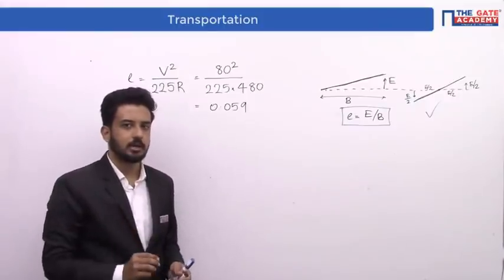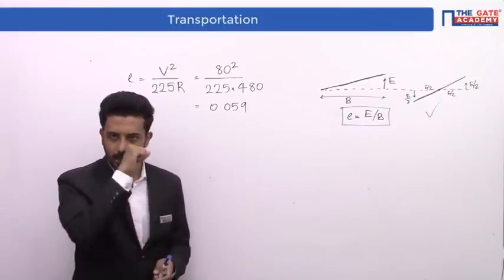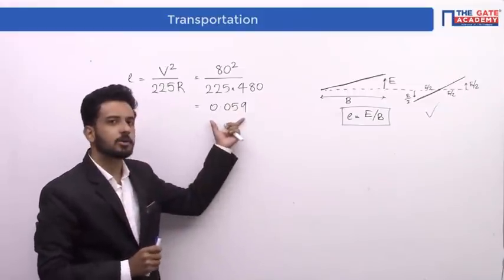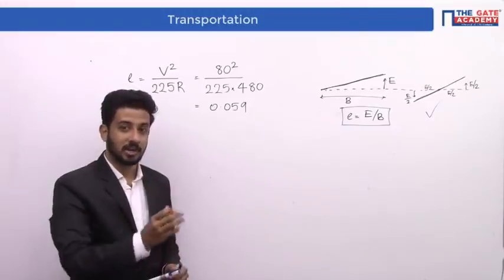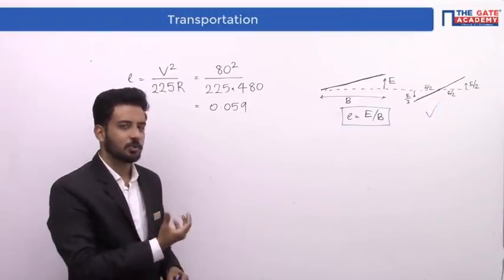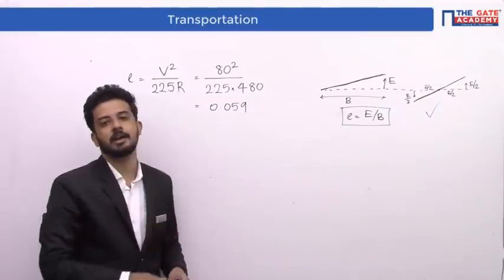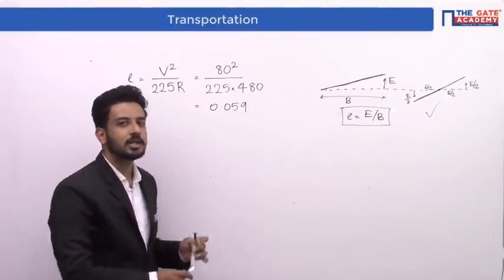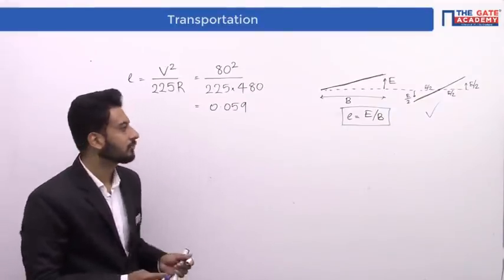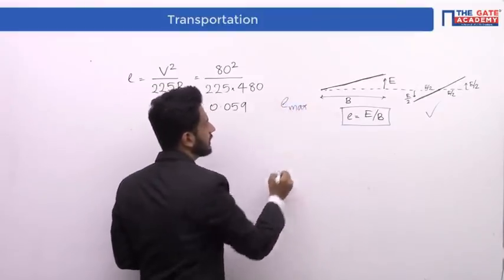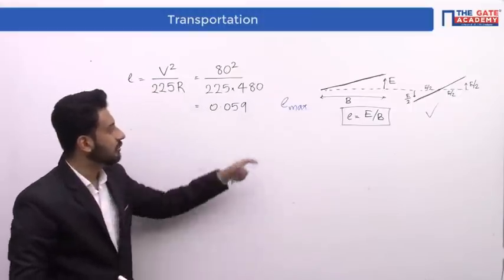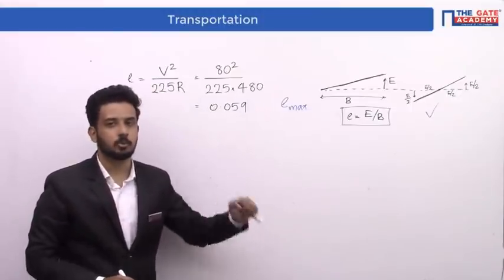Okay, so the value of E you got is 0.059. One important point to remember: once you get a value of superelevation, we have to check whether we are obeying the rule as per IRC. The rule is about the maximum value of superelevation. We have to check whether it is below the maximum value.